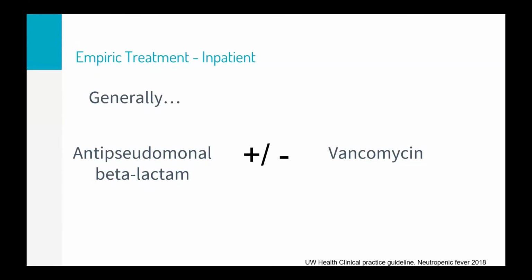And I'm also not going into extensive detail about empiric treatment since this presentation focuses on duration. But generally, all of the guidelines recommend an anti-pseudomonal beta-lactam plus or minus vancomycin. But as always, we tailor our antibiotic choice to the patient's history and depending on what infection source is suspected. And this is pretty similar for both European and American guidelines.